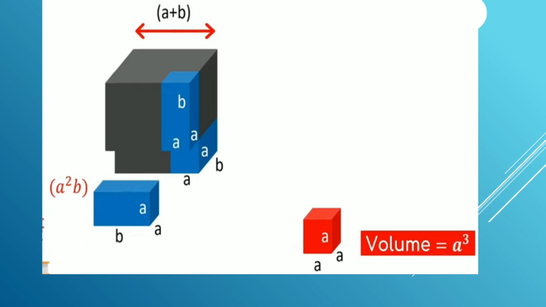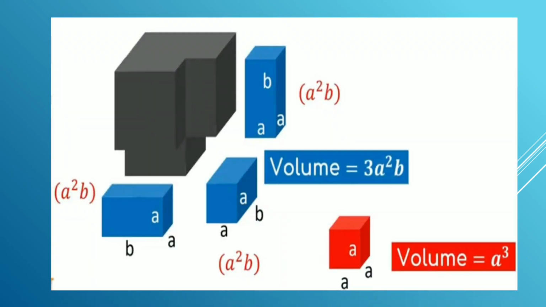In the next step, we will pick up one more blue part. While decomposing this cube, we have picked out here this lower blue part whose two base sides are equal to a and whose height is equal to b.